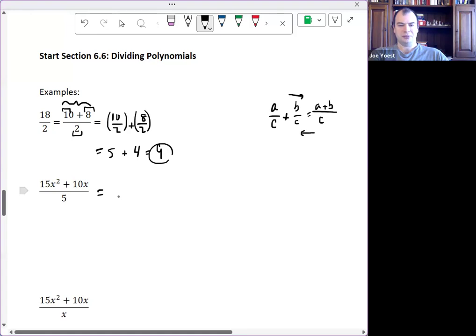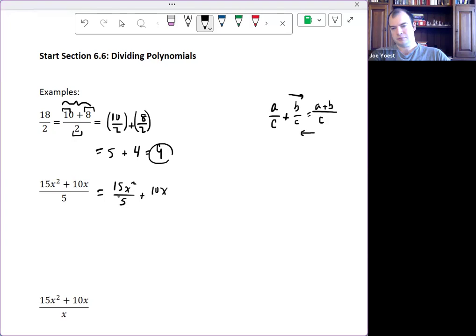I can say, okay, well, I can't combine these together as like terms, but I can still break them apart into two separate fractions. So I have 15x squared divided by 5 plus 10x divided by 5. And now I can look at each of these ratios of monomials separately.